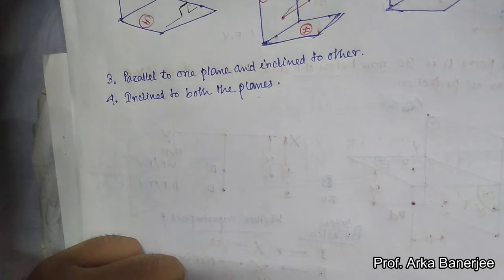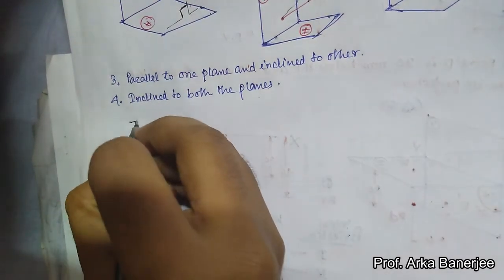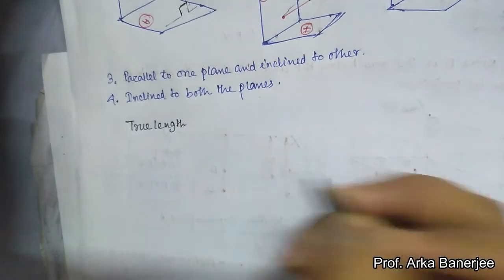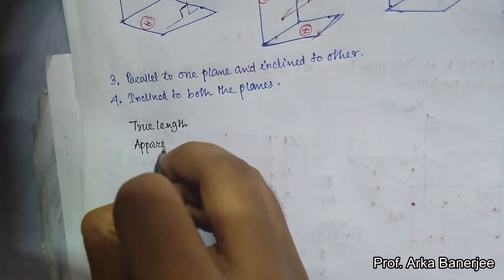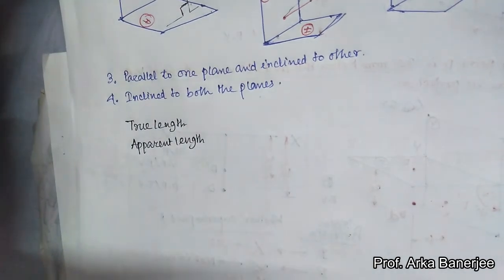After this discussion, we are introducing two terms. One is true length and the other is apparent length. Now what is true length?